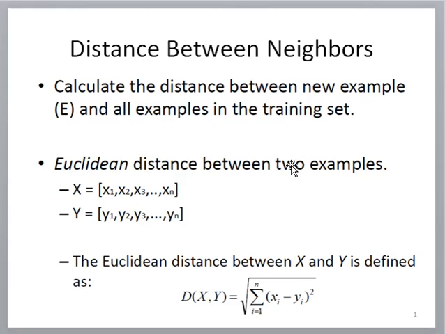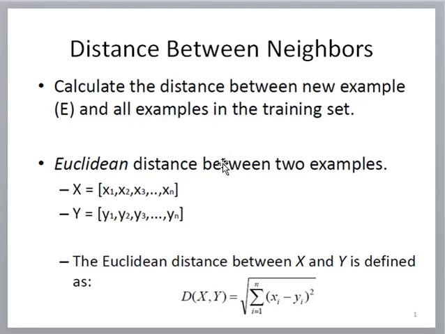So here is the basic KNN algorithm, in which we calculate the distance between neighbors. We calculate the distance between the new example and all the examples in the training set. We have a number of instances present in the training set, and we calculate the distance of the unknown, new example to each example in the training set using the Euclidean distance between two examples.